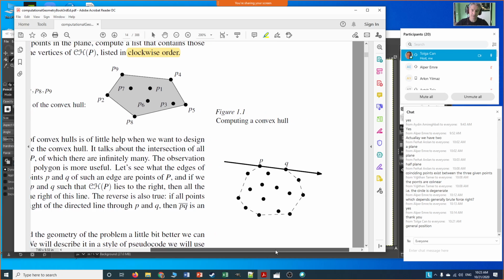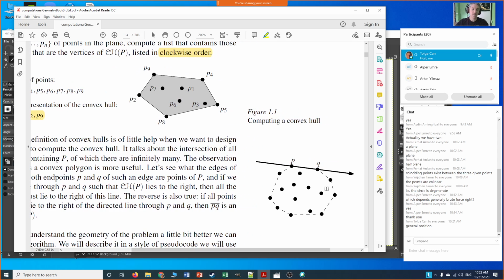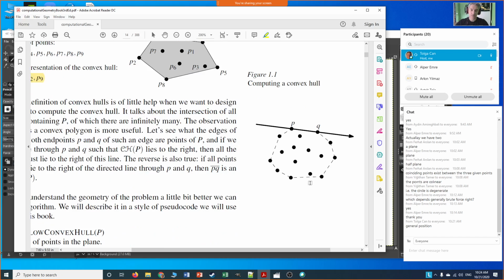So the algorithm is this, because after this observation, we can directly turn it into an algorithm: look at all pairs of points and form the directed edge from P to Q, which means that we will also be forming an edge from Q to P. But since for Q to P not all points lie to the right, it will not be a convex hull edge. In order to be a valid edge, all the points have to lie to the right. And the algorithm is this.